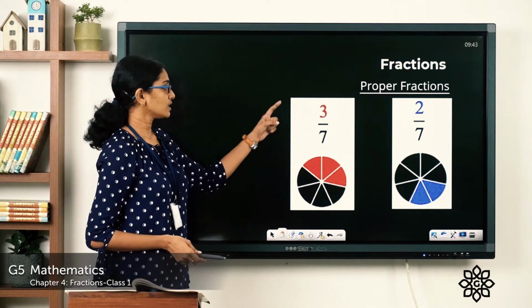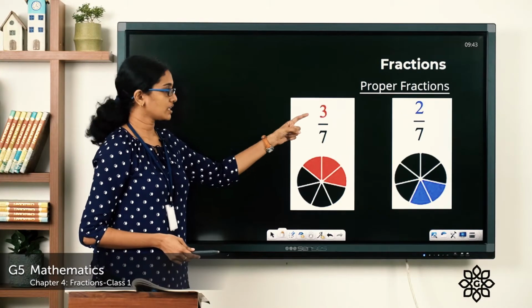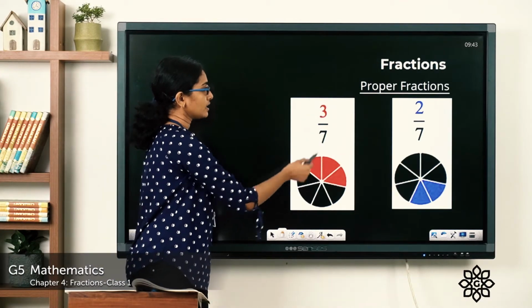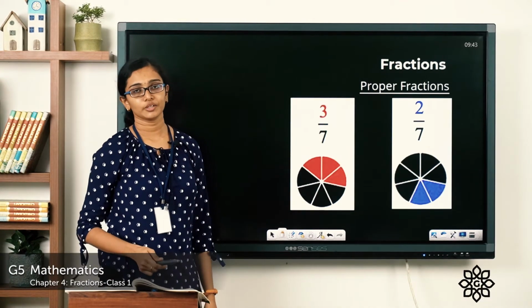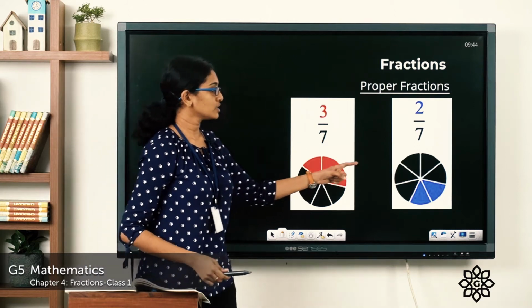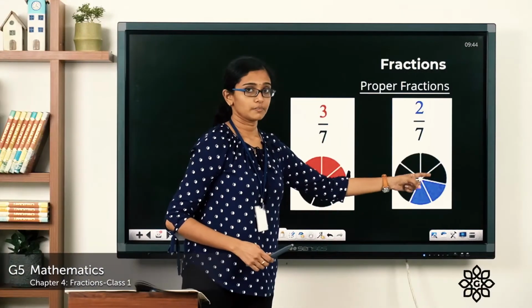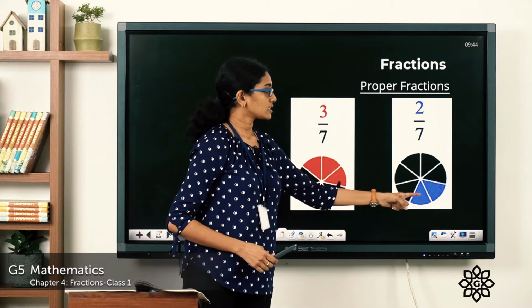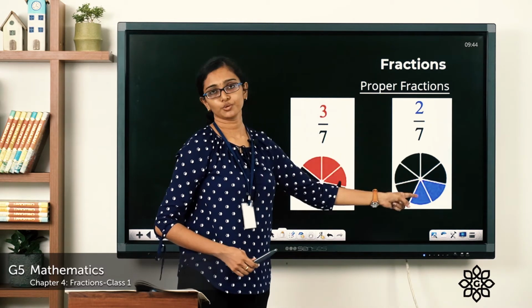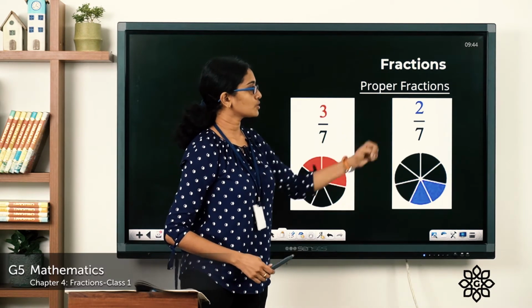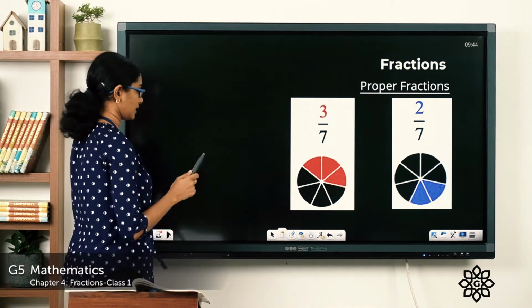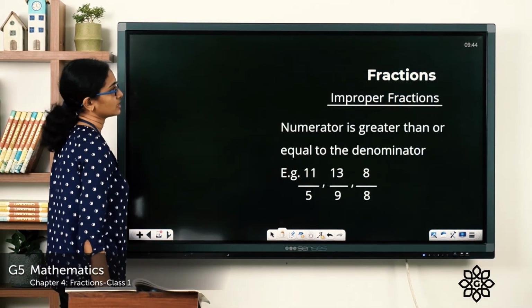So, the fraction of the colored parts is equal to 3 by 7. The numerator is less than the denominator, and it's a proper fraction. Here, the fraction of the part colored in blue is 2 out of 7 or 2 by 7, and here also the numerator is less than the denominator. So, these are proper fractions.